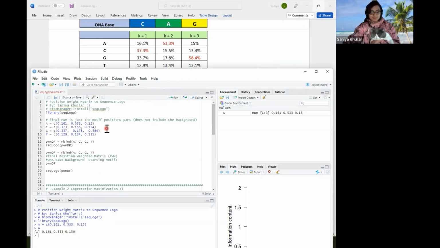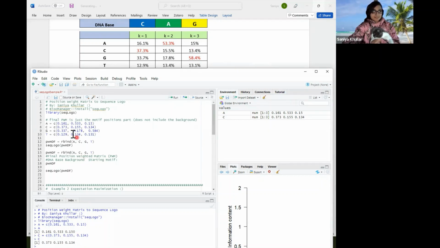Similarly, we do this for the C part. So this is C here. We have a 37.3% chance of having a C in the first position, a 15.5% chance of having a C in the second position, and a 13.4% chance of C in the last position.